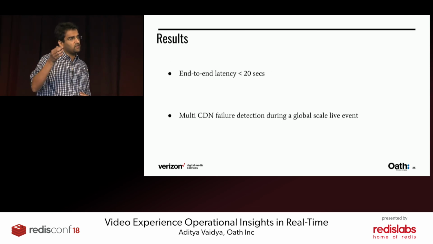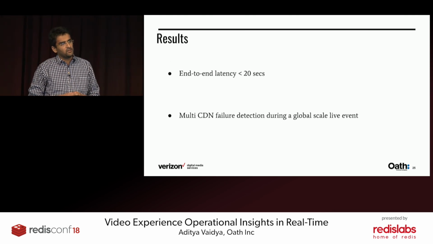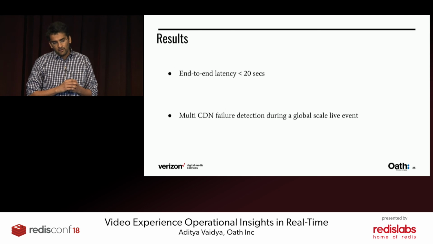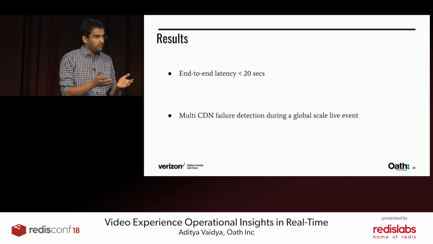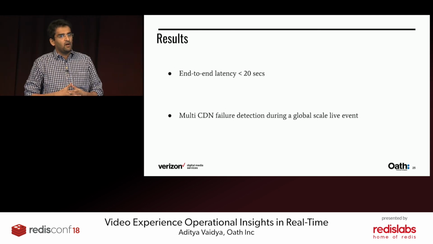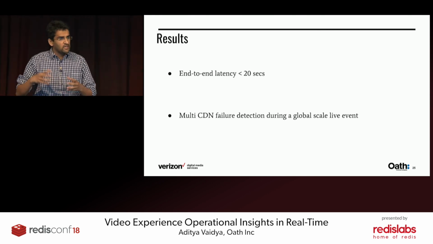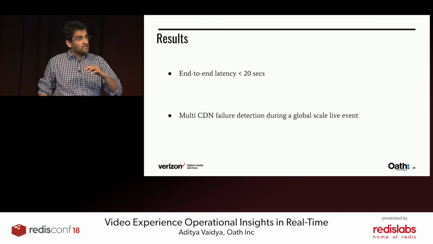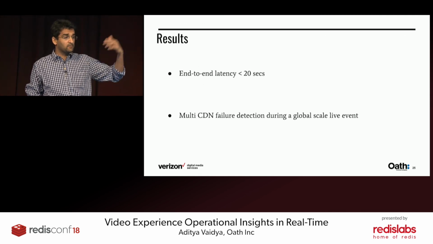I would like to mention one specific event. In one of our global scale events, a major event, our operations team was looking at this dashboard that we developed, and somewhere in the middle or at the end, there was an issue with one of the CDNs, and it started behaving weirdly and impacting the rebuffer ratio for a large number of users.